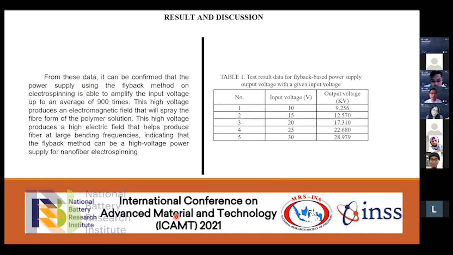So this high voltage produces an electric field that will spray the fiber form of the polymer solution. This high voltage produces a high electric field that helps produce fiber at a large bending frequency, indicating that the flyback method can be a high voltage power supply for nanofiber electrospinning.